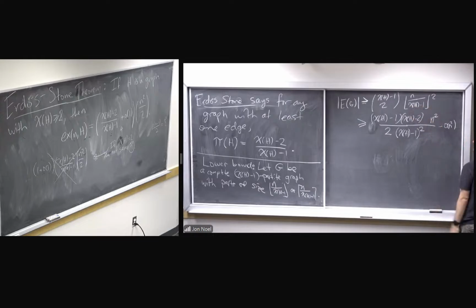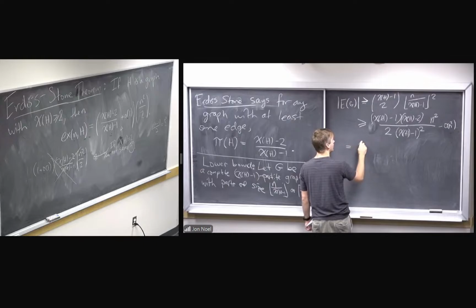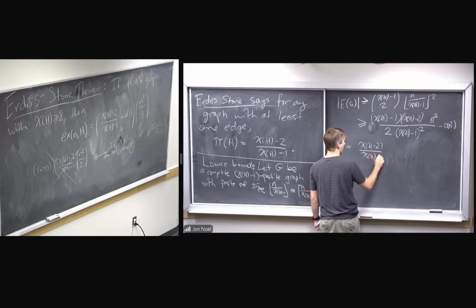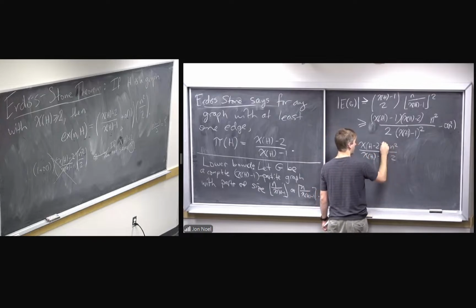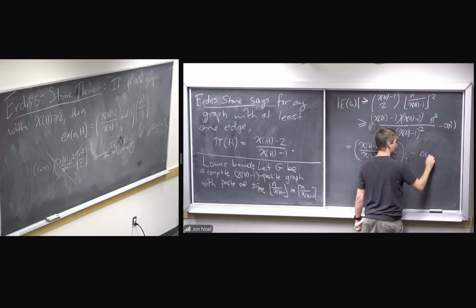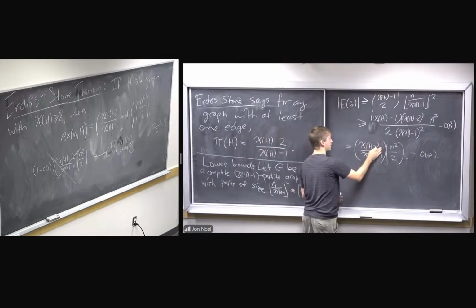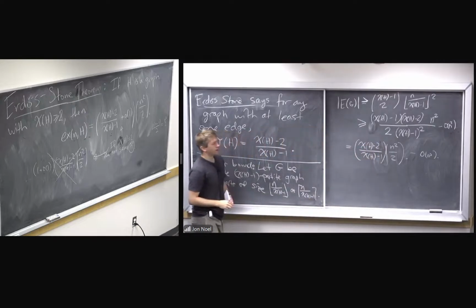Then if you multiply things out, you will have some kind of small order subtraction here. Then we cancel things, and so you've got the right number of edges.